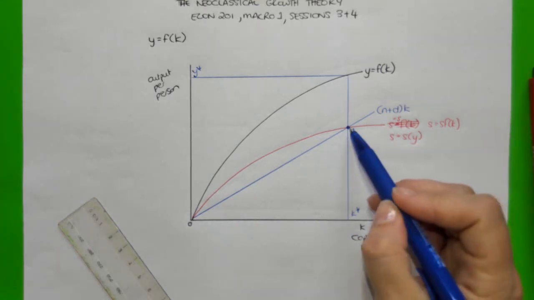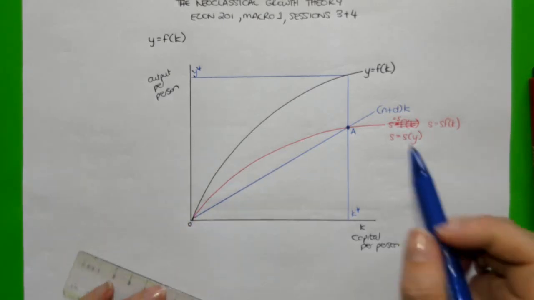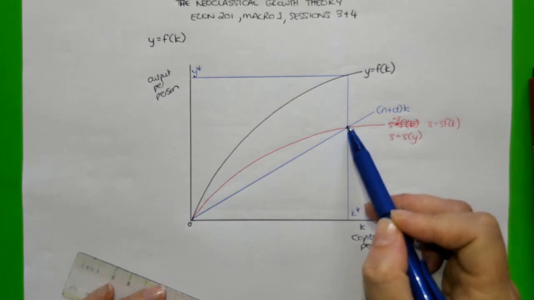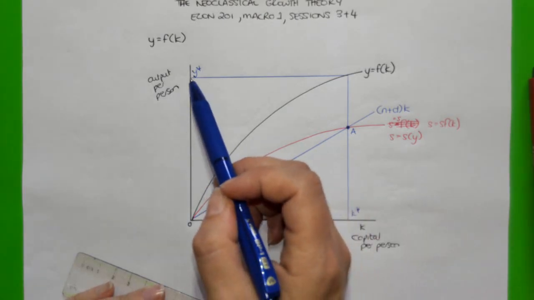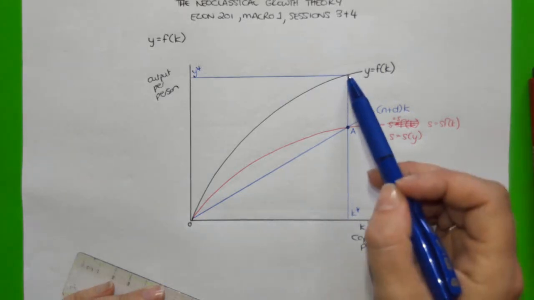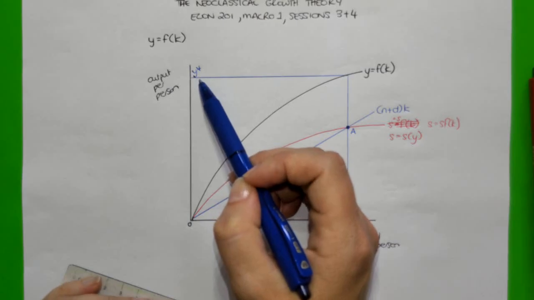Well, at the steady state, the amount of savings being generated in the economy is exactly equal to the amount of investment required to keep the capital to labor ratio constant. And similarly, if the capital to labor ratio is constant, then the amount of output per person is also constant.